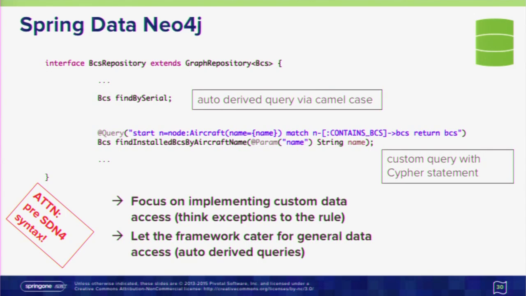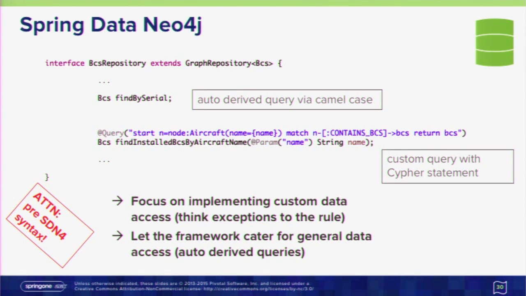So you can specify finder methods by just writing, I have a find by serial, and it returns the server that has that serial. And you see that there's no query for that. Spring Data Neo4j will auto-derive a proper query just by looking at the camel case syntax that is given.